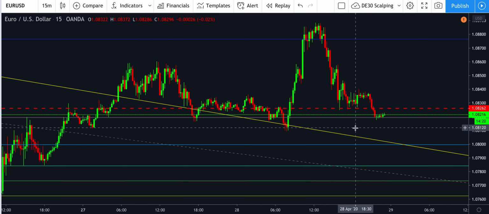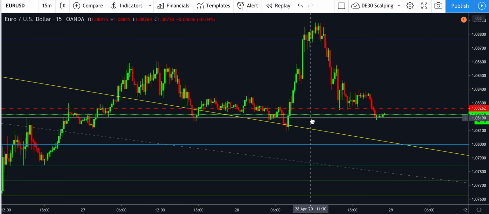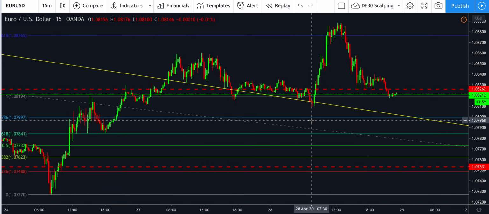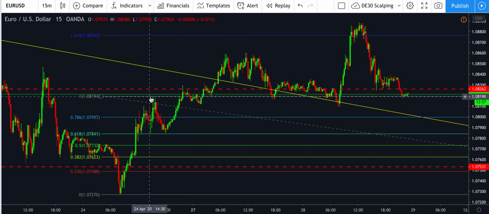So what we can expect for tomorrow is, when we break lower than 1.0820, if you want to be sure of the potential for a sell, just wait until we break the 100% Fibonacci level.